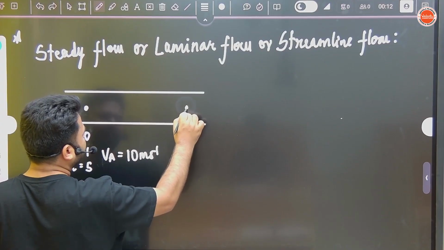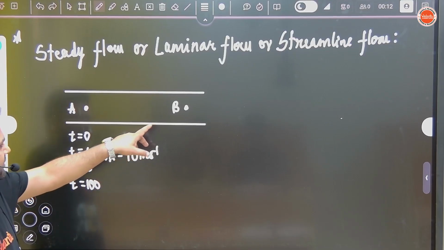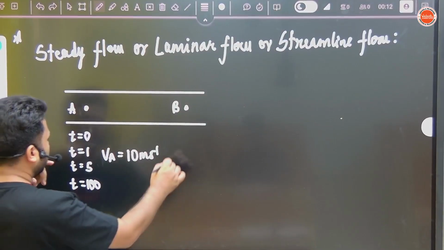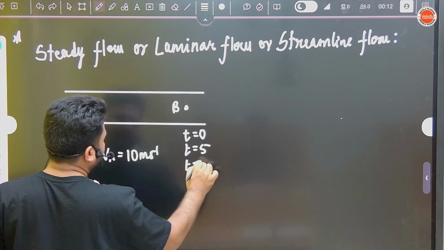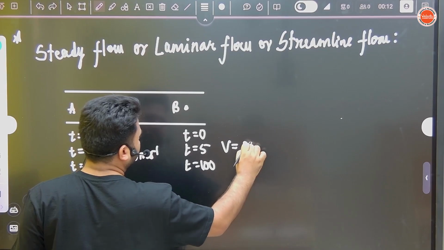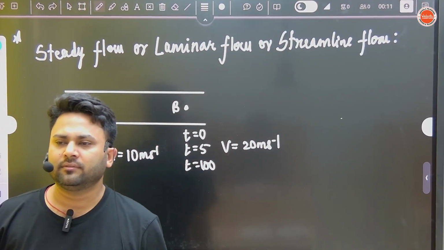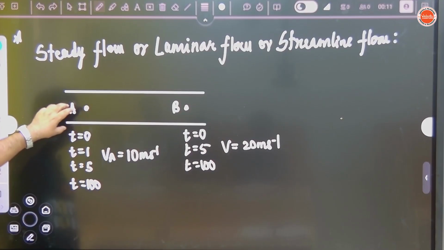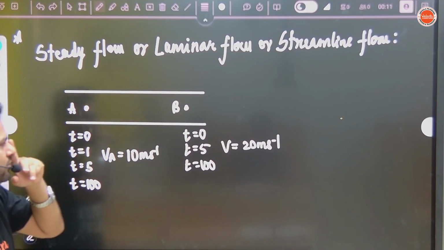Different points may have different velocities. Suppose this velocity is 20 meter per second, and at t equals 0, 5 seconds, 100 seconds, it remains constant. So two different points may have different velocities, this is 10, this is 20, but with respect to time their velocity will not change. This is called streamline flow.